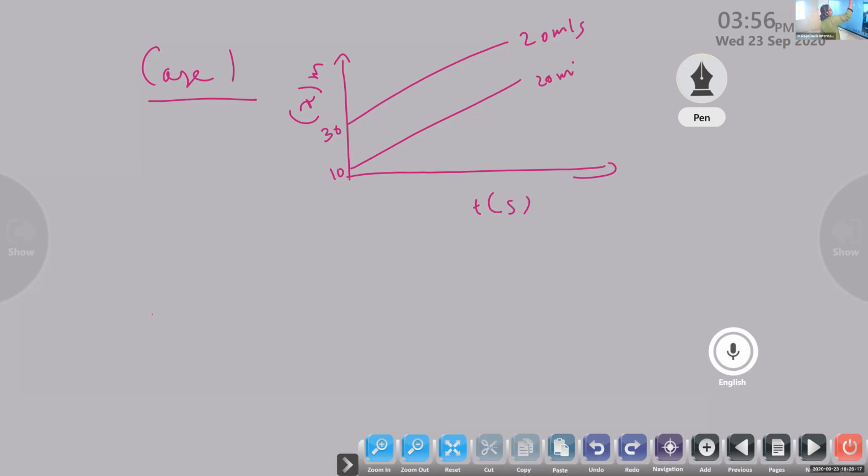So this is the first case. Maybe the distance they travel differs, but velocity does not change. Let us take this as A and this as B. So A is the first object and this is the second object B.